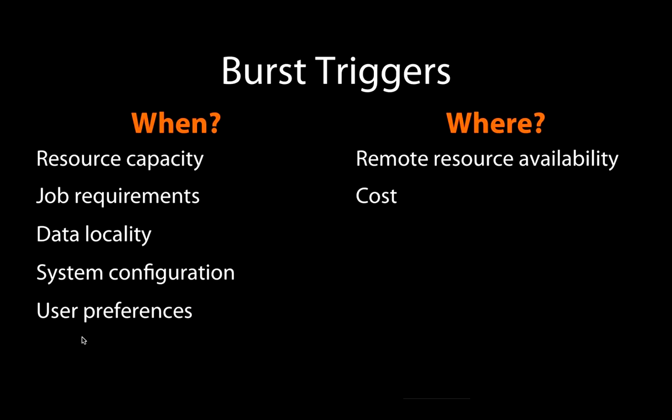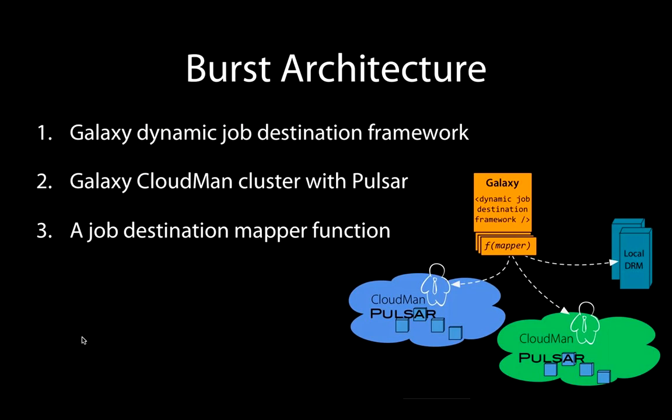So theoretically speaking, kind of the flip side of the previous slide is that the resource capacity is inadequate. If the requirements for a particular job state that I need to use a specific machine, good. With data locality, some of the sequencing data centers are depositing data in various forms of cloud storage.